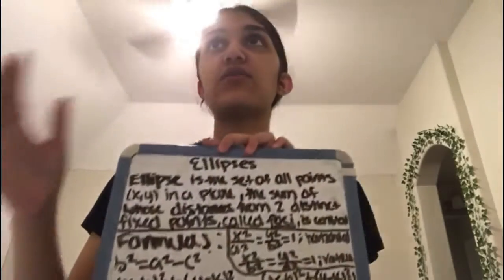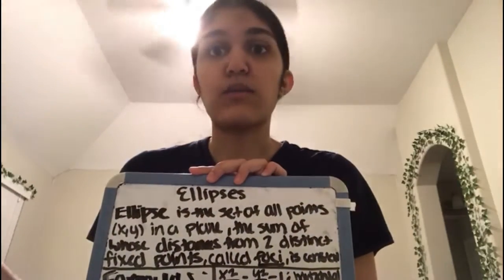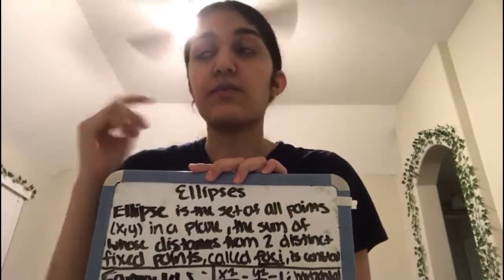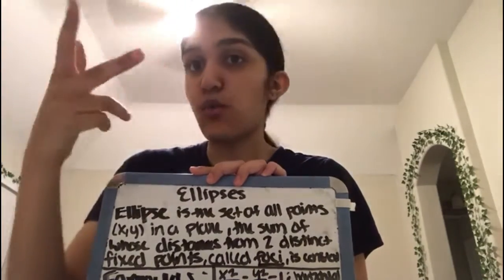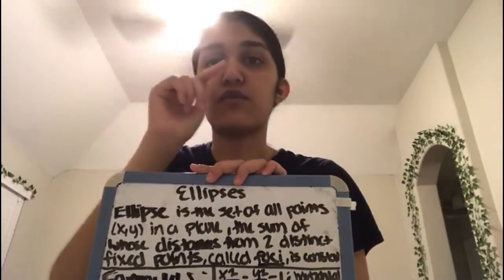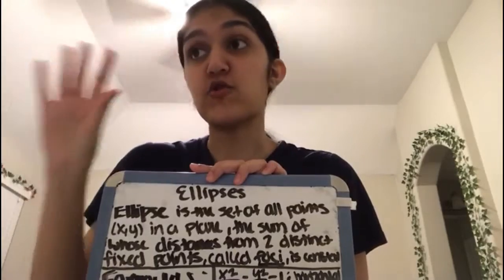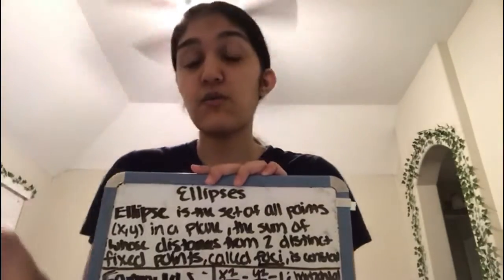The foci would be 2 points, for example, or it could be 1 point, but most of the time it's 2 points on the graph of the ellipse, like over here and over here. If you search it up, you will see what I'm talking about with foci on the graph.